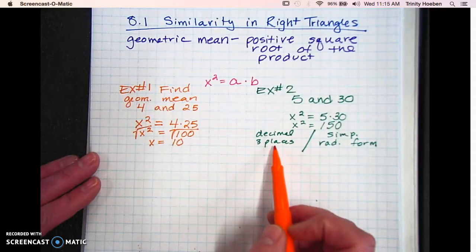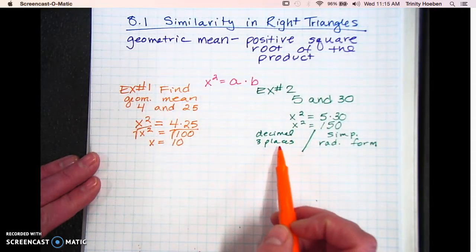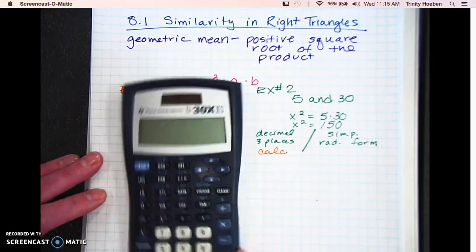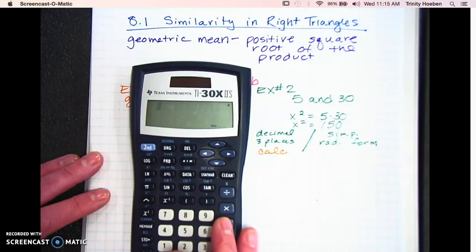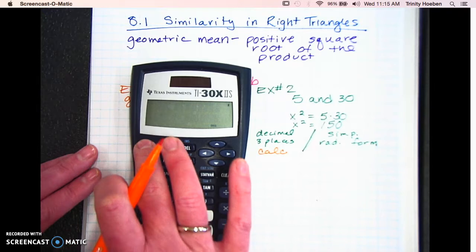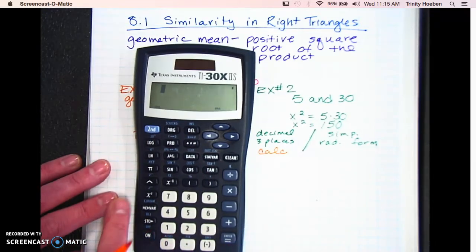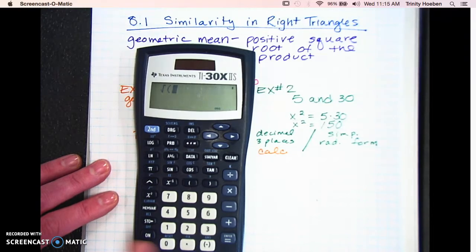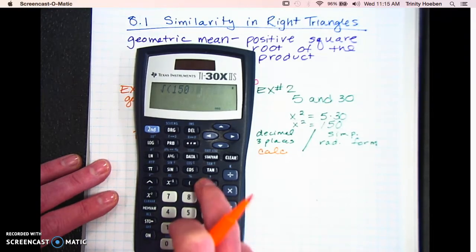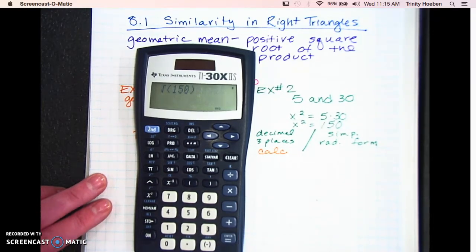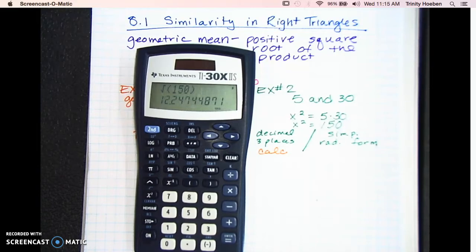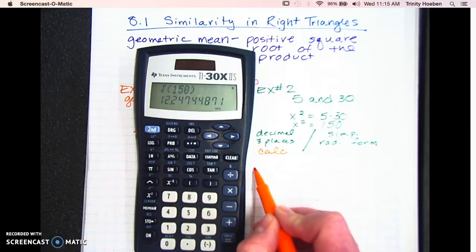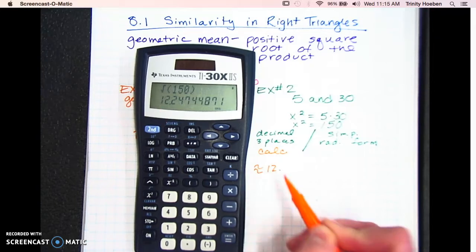So if they ask you for your answer as a decimal to 3 places, you're simply going to take your calculator and you're going to type in, on this calculator, you're going to hit the second button, and then the one above the x squared is square root. Type in 150, and then hit the equal sign, and then you're going to round to 3 places. So in front of the decimal, you have 12. You don't do anything with that.